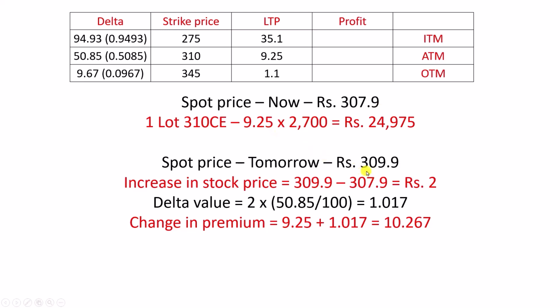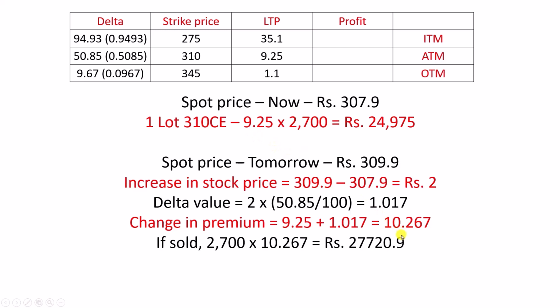The price has increased to 309.9. It has gone in my direction, as I had bought a call option. So it has gone up by 2 rupees. If it has gone up by 2 rupees and the delta value is 1.017, the change in premium would be this much, meaning this price will increase to this much.